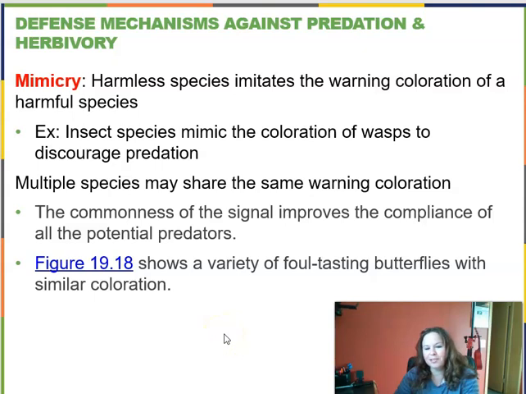But multiple species can also share the same warning coloration, and that commonness, if many share this coloration warning, the commonness can improve the compliance, the learning of those potential predators not to eat them.